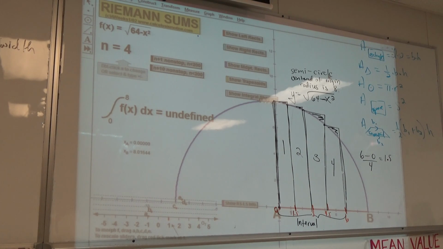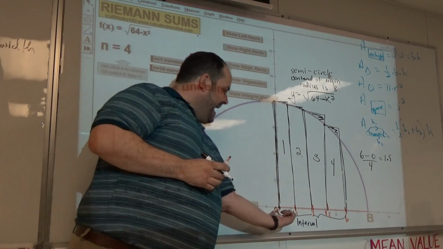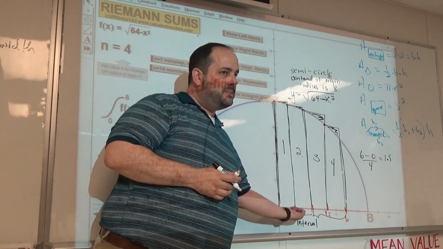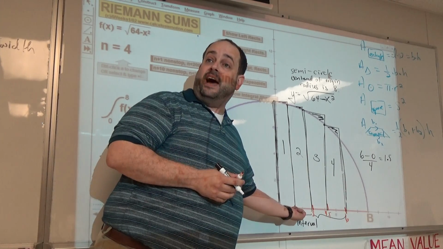So let's do the approximation. Here's what the approximation is going to look like. The integral from 0 to 6 of f of x dx, I'm going to use the approximate symbol. I need to find the area of 4 rectangles. How do I find the area of a rectangle? Length times width, or base times height. How wide is the base? 1.5.